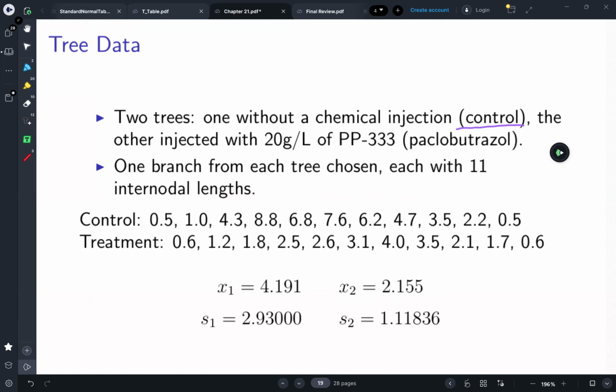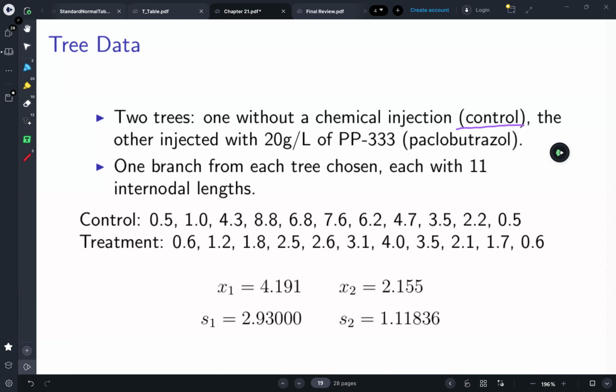And then the treatment is when they are injected with that chemical. One branch from each tree is chosen, and each with 11 internodal lengths. So we have a control tree branch and the treatment tree branch.